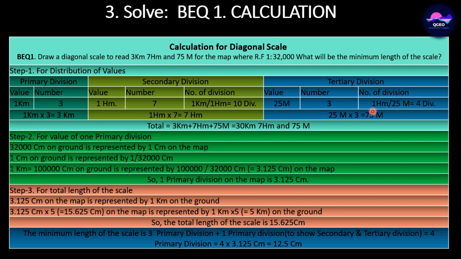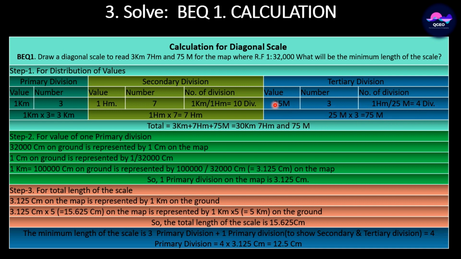Number of tertiary divisions is 1 hectometer divided by 25 meter. The 1 hectometer comes from the value of secondary division, and the value of tertiary division is 25 meter. So 1 hectometer divided by 25 meter will be 4 divisions.